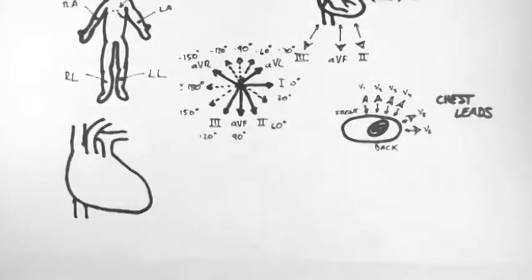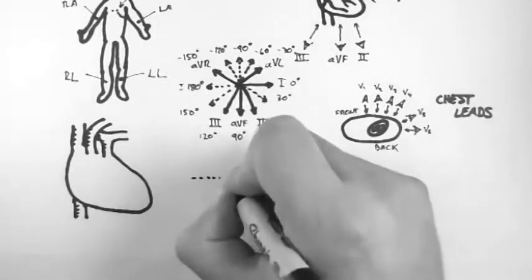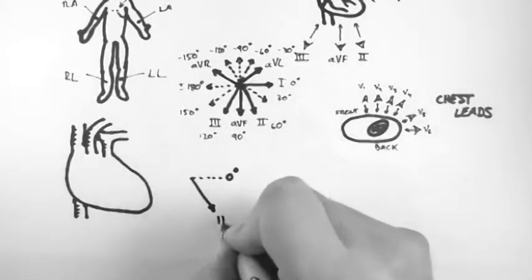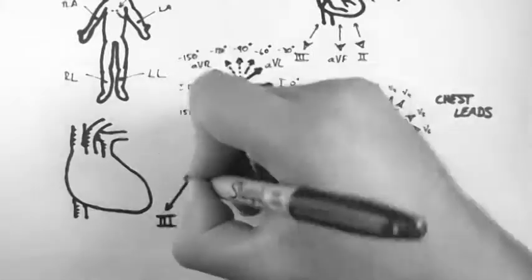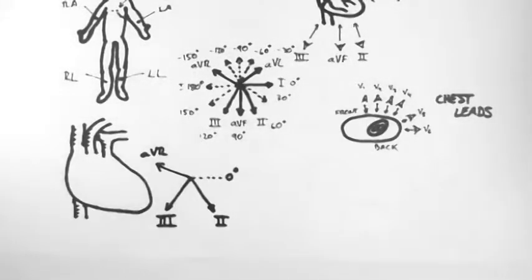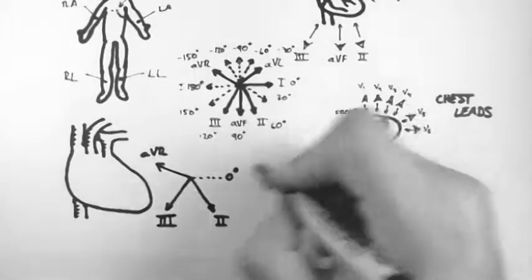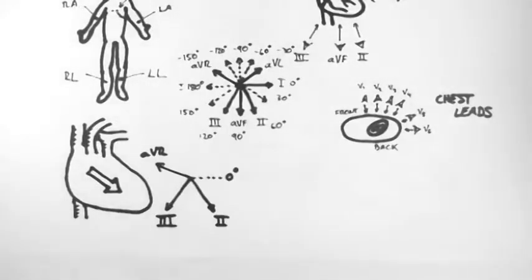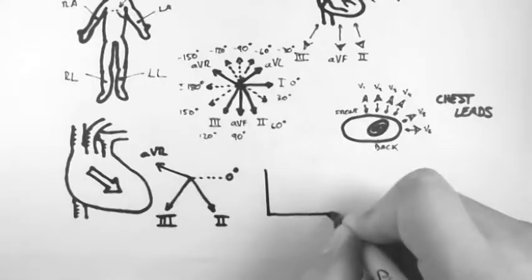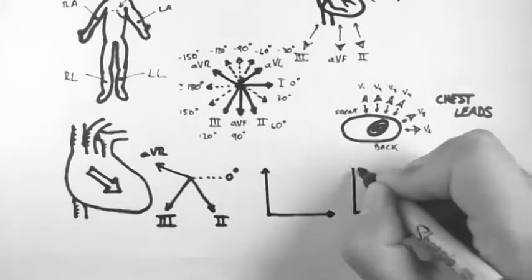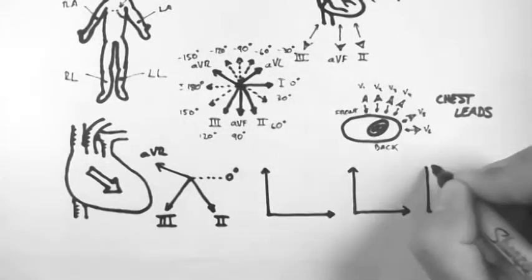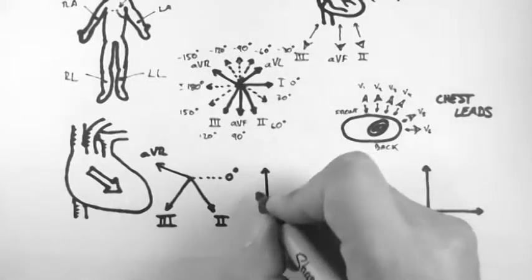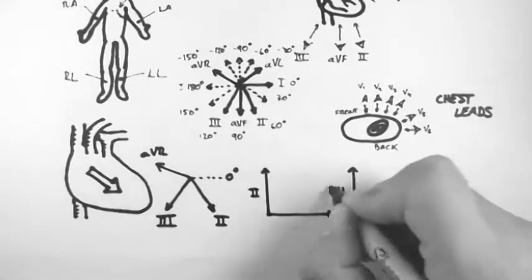So let me explain this a little further. I'm going to draw up a heart here, and we're going to look at recordings that are taken from lead 2, lead 3, and AVR. And we're going to look at the depolarization which is occurring in this direction. So any depolarization that occurs in the direction of a lead causes a wave on the graph which is positive in nature, that is, an upward deflection.